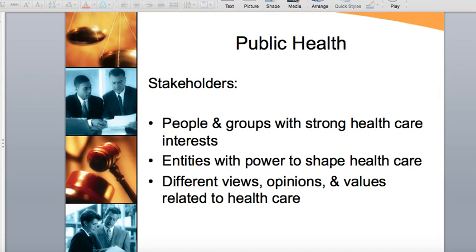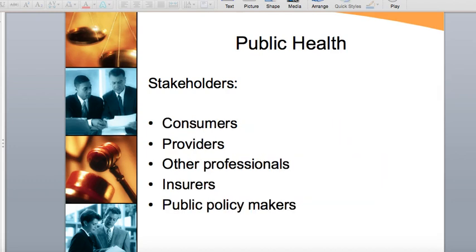So a lot of these stakeholders come from a place of power and authority, but they oftentimes do not agree in the direction that we must go in order to improve healthcare for all. When we're talking about stakeholders, we're looking at consumers, providers, other professionals, insurance companies, as well as public policymakers.